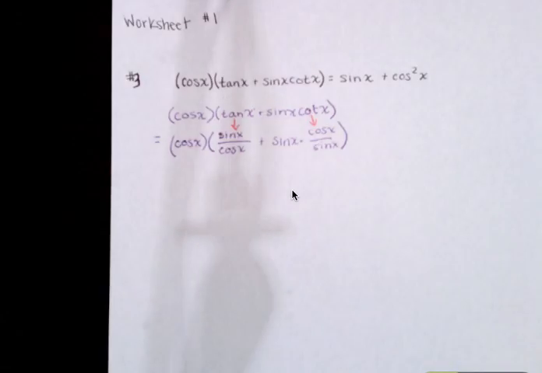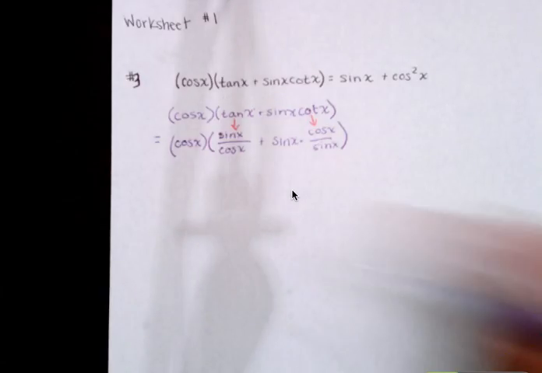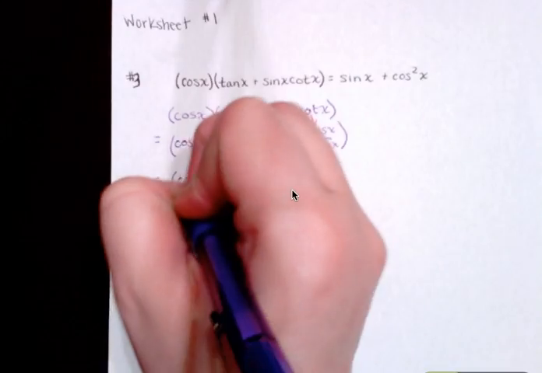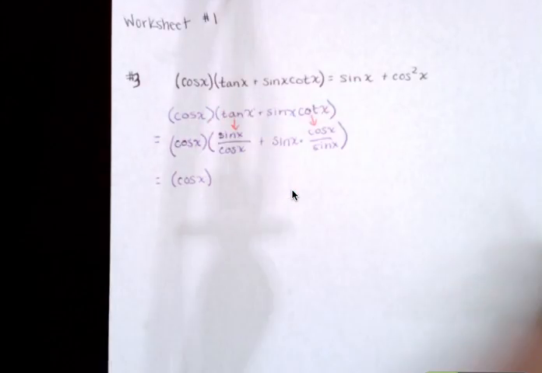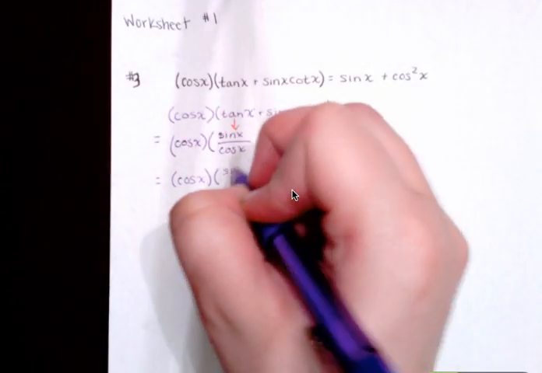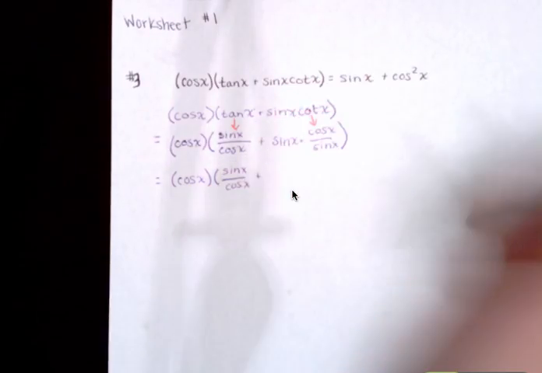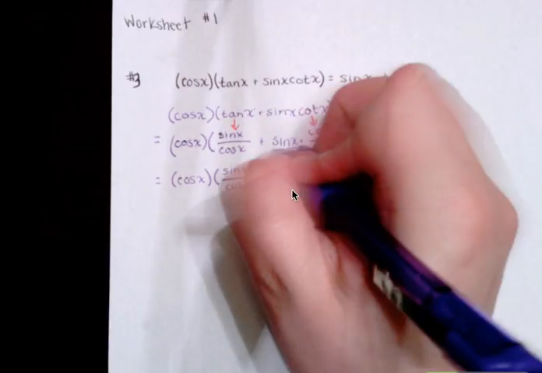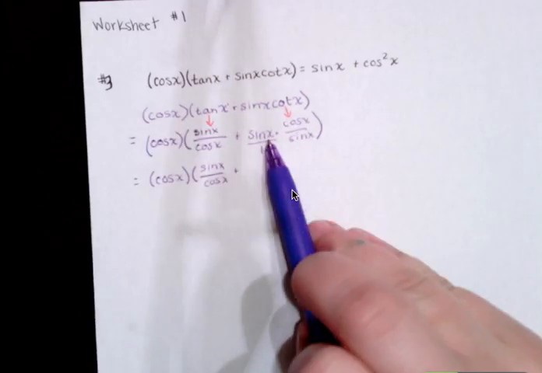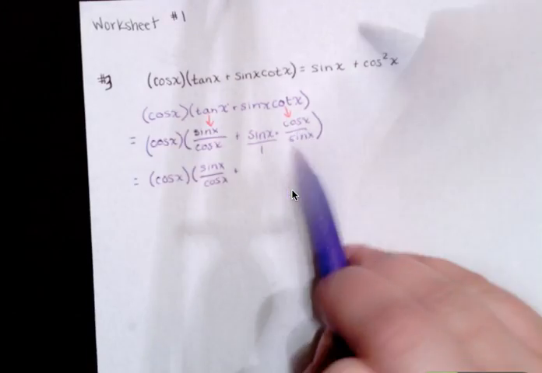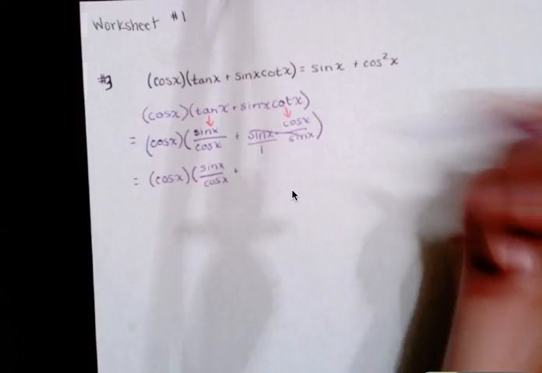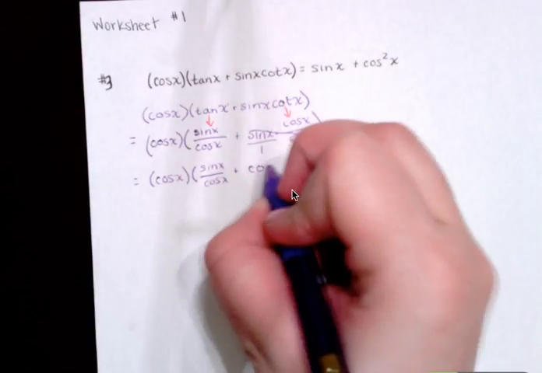Once we do that, we can simplify. This is still cosine of x. This is still sine of x over cosine of x plus, well, technically this is over 1, so you get sine times cosine over sine. The sines will cancel out, and you'll be left with plus cosine of x.